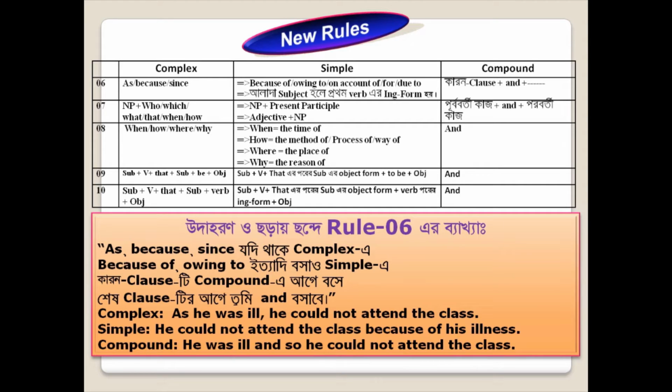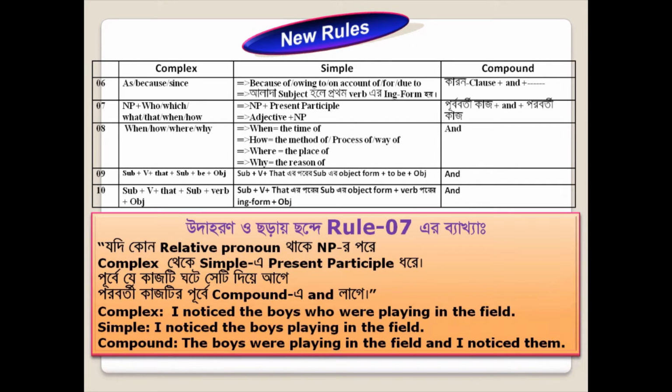Rules number 7. NP plus who, which, what, that, when, how. Here NP means noun phrase. In simple, you will have to use NP plus present participle or adjective plus NP.